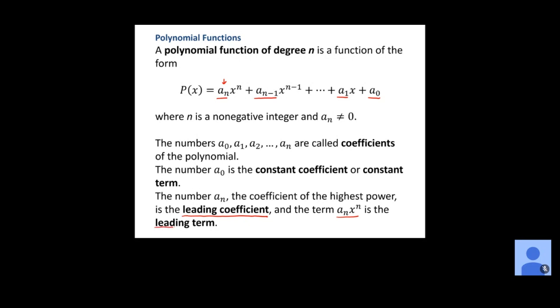So everything including the leading coefficient and the variable and the exponent, that's all the leading term now. And the reason we're going to use that, that's going to actually tell us something about the graph of these by just looking at that leading coefficient. And so we're going to use that a lot. So I'll be using that term some.